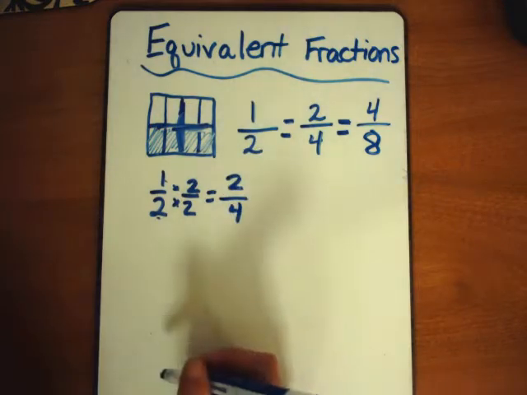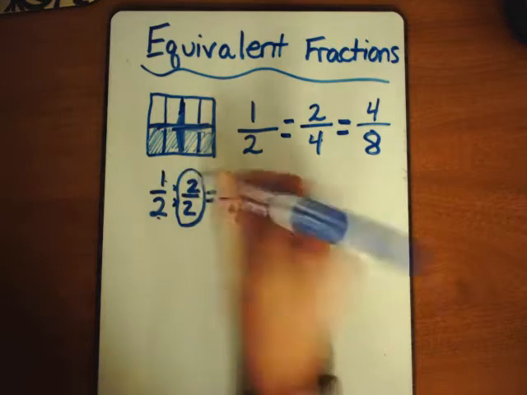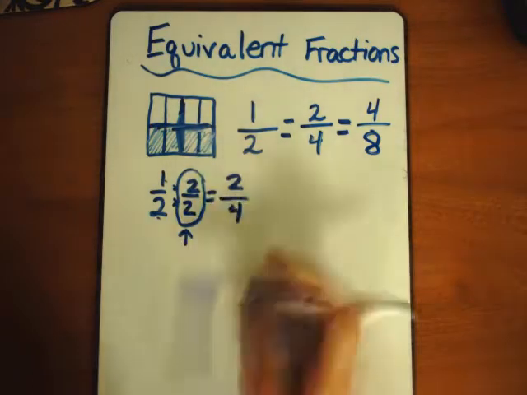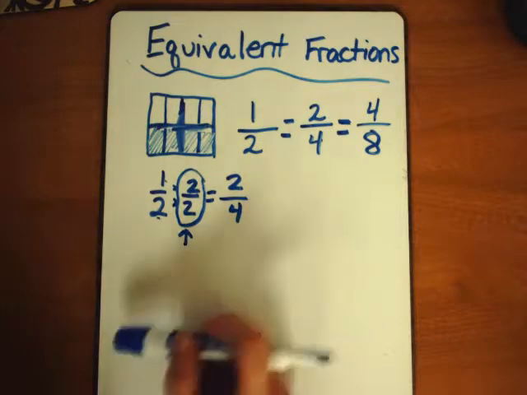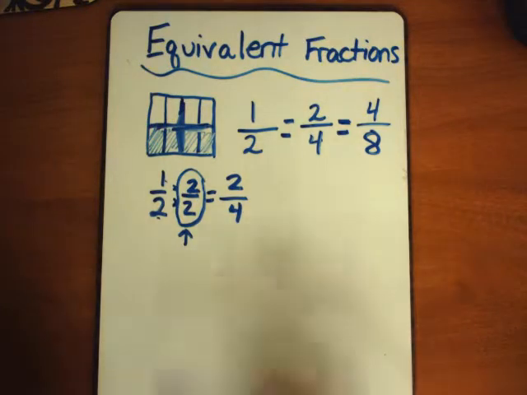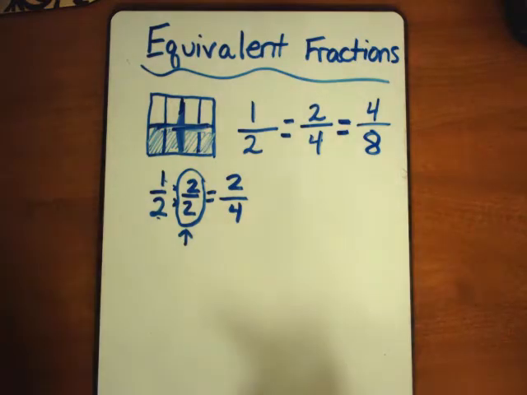Well, if we really think about that, that makes sense, because whenever we've got a fraction like this, where the numerator and the denominator are the same, it's really 1, isn't it? So 1/2 times 1, in a way. Of course that fraction is going to be equal. Anything times 1 is going to be the same thing, right?